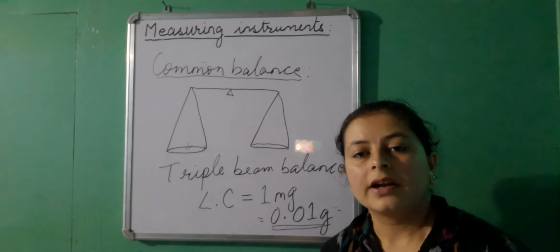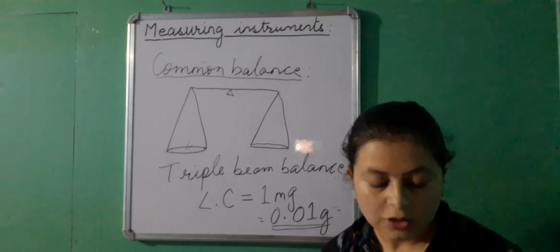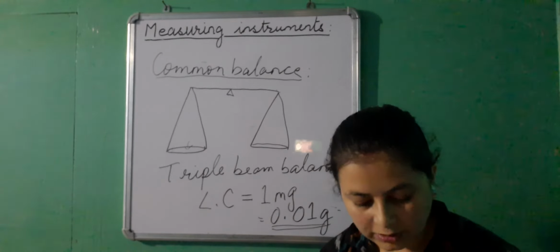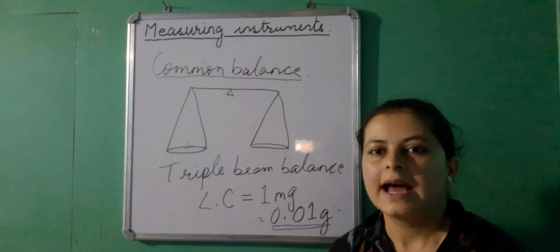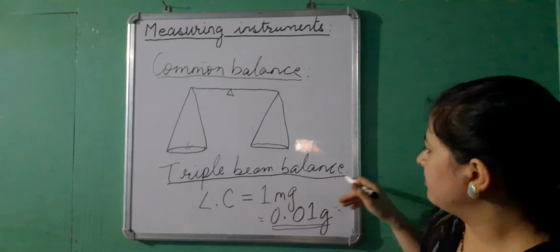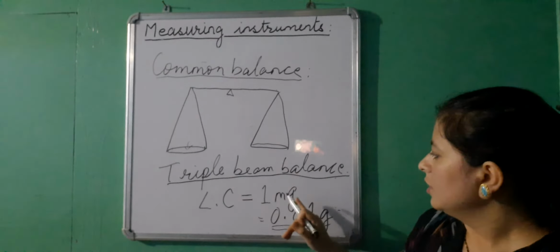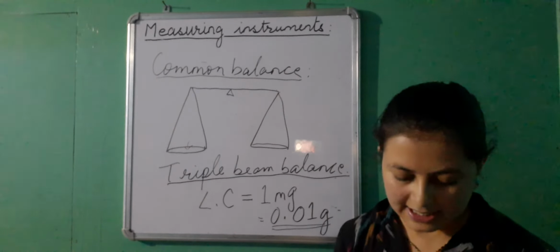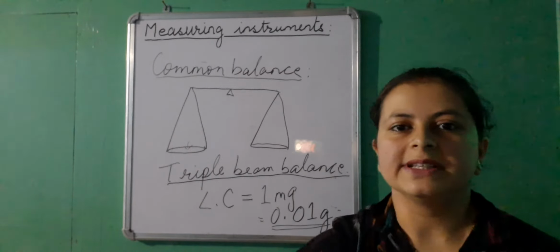We have taken a 100 ml measuring cylinder into consideration, whose least count was equal to 1 milliliter. And we have also done the least count for a common balance, which is used to measure mass. And I have given you a special type of balance, a triple beam balance, which is used in the chemistry lab, whose least count is equal to 1 milligram or 0.01 gram. Okay, next we will be dealing with errors contained in these instruments.